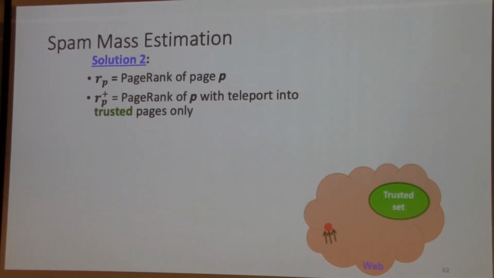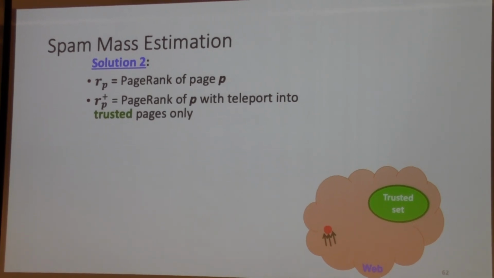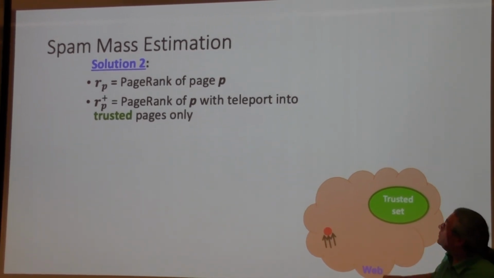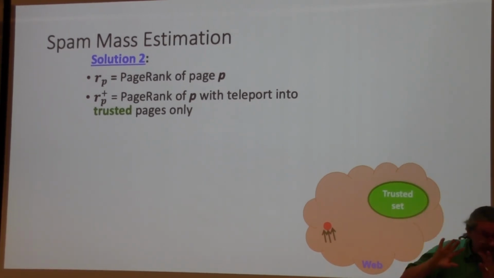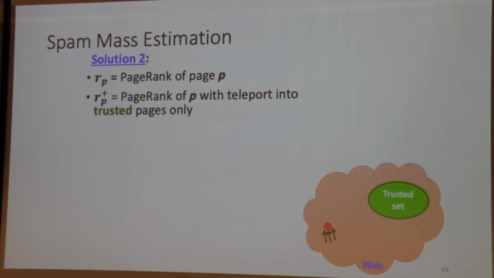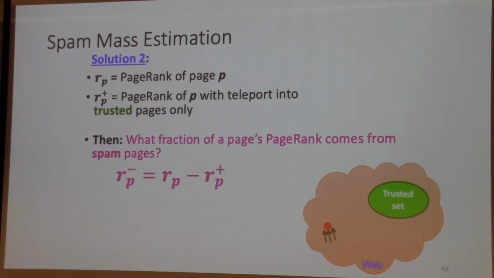So we calculate two PageRank values. We calculate the regular PageRank, r_p, but that has the spam in there. We don't know how much spam. And then we calculate another one, r_p plus, another PageRank value, but only coming from trusted pages. And that value might be different.